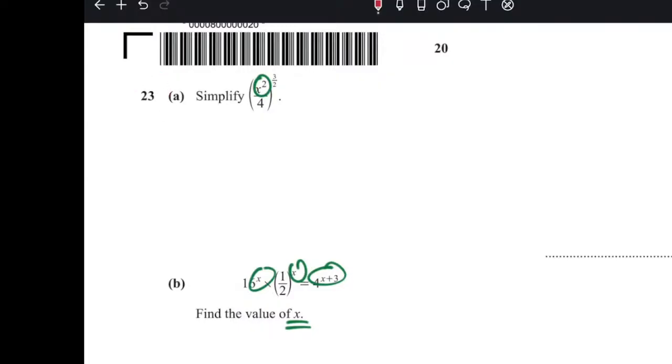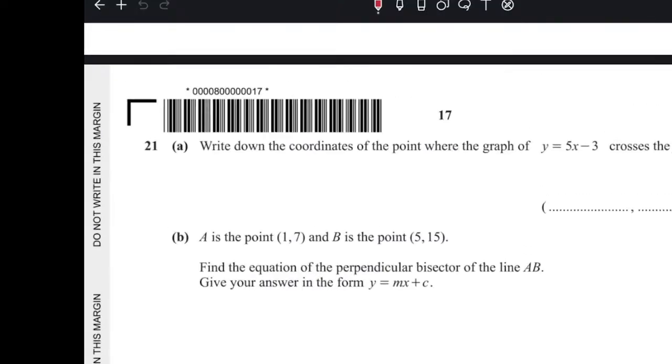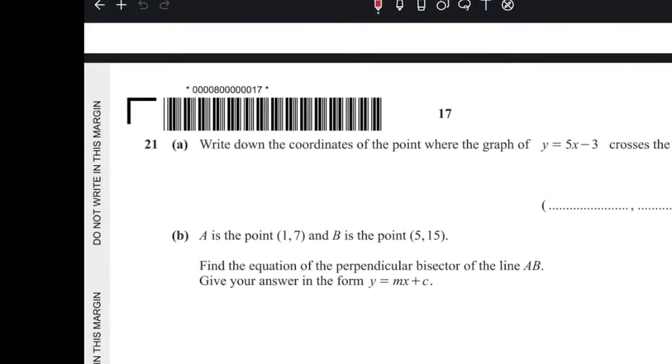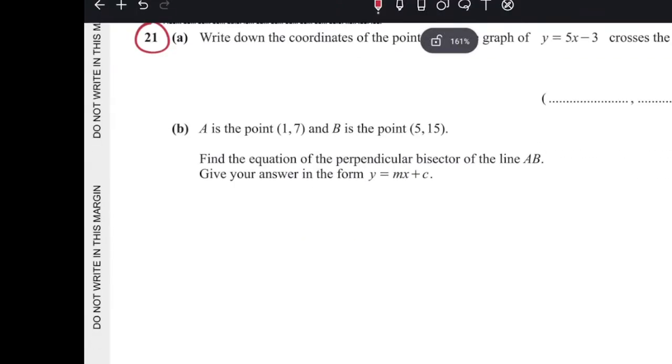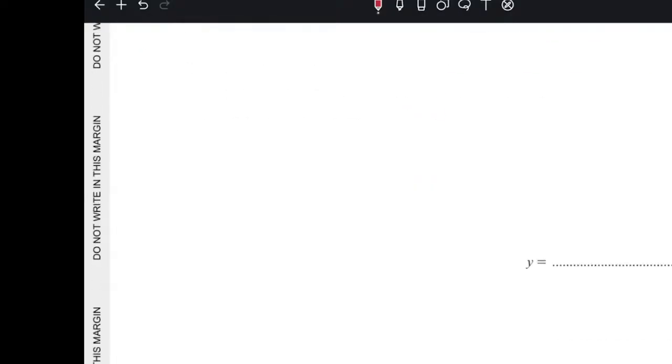So it's usually one of the last questions. And look at this, they even brought in number 21, the other question that I've been talking about, where they say find the perpendicular bisector or midpoint of the equation of the line, and they give another 5. We are expecting it. That's why we are not losing these marks.